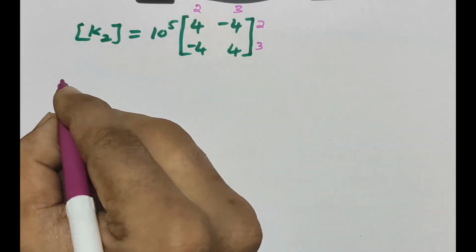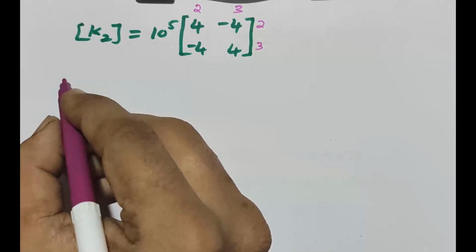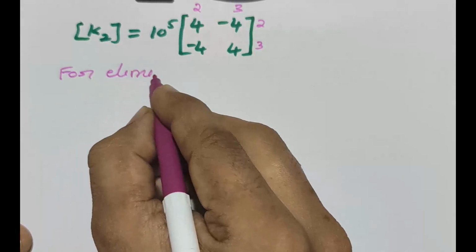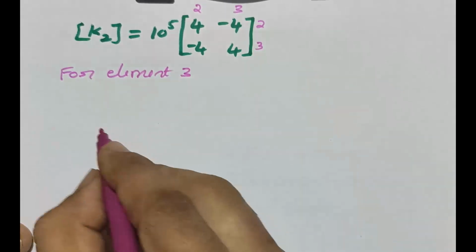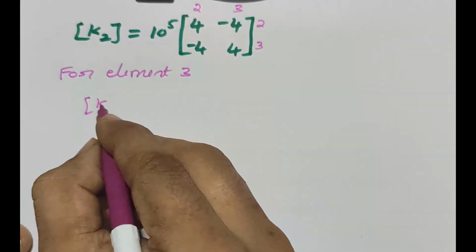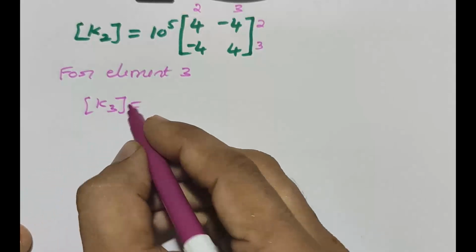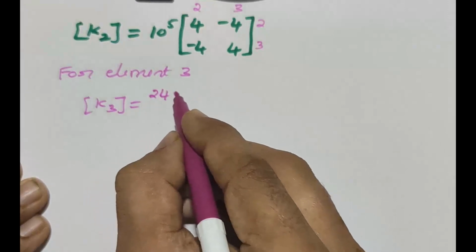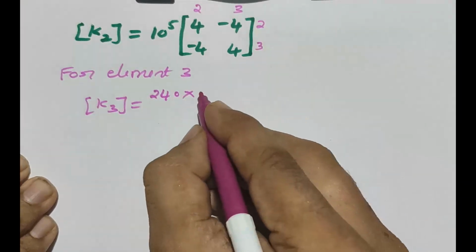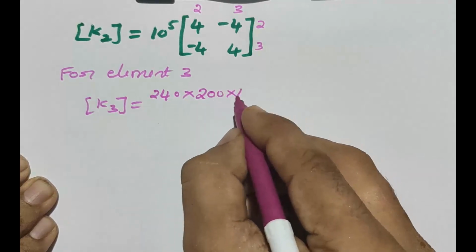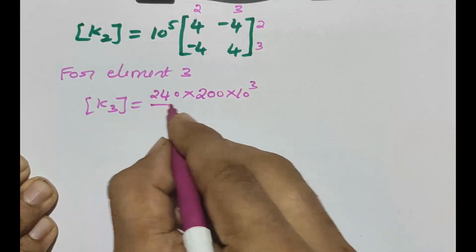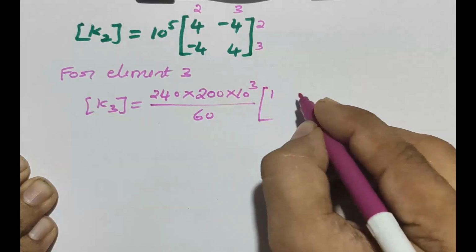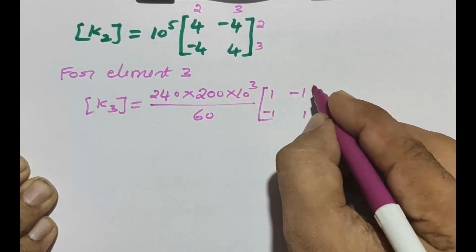Next is the elemental stiffness matrix for element number 3. For element 3, we have K3 is equal to area, it is 240 mm square, Young's modulus 200 gigapascal, 200 into 10 power 3, by the length, it is 60 mm, times 1 minus 1, minus 1 1.